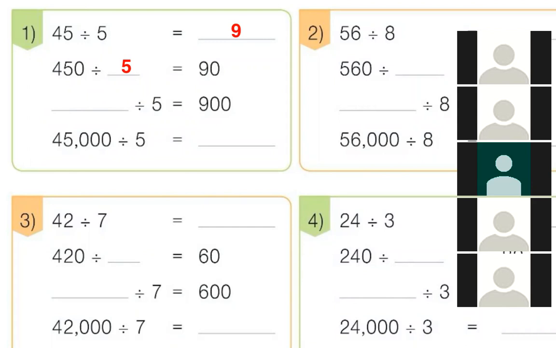All right. So next, turn number 1. Yes. Can you read the next number sentence? What should we write here? Something divided by 5 is 900.